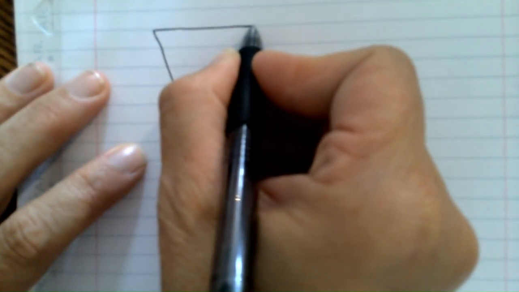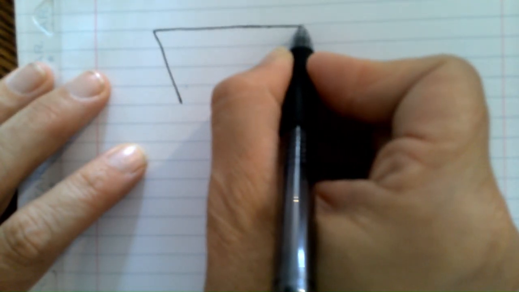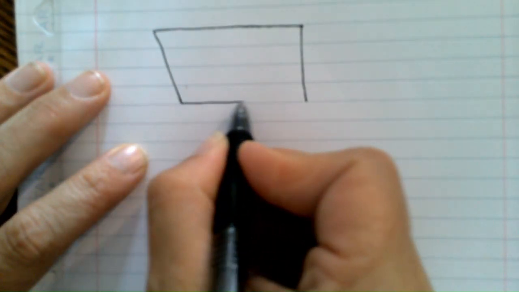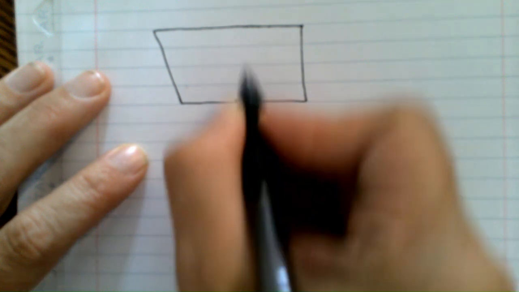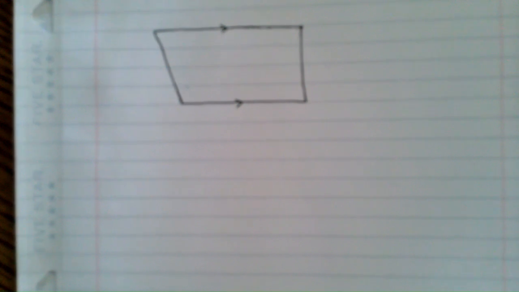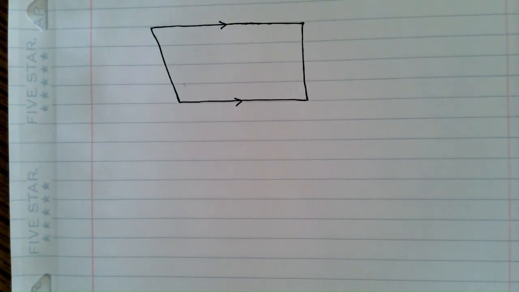Okay, so let's look at a generic trapezoid, one that is not isosceles, and we're going to look at one other relationship. So I'm going to put a third line in here that is parallel to the bases.